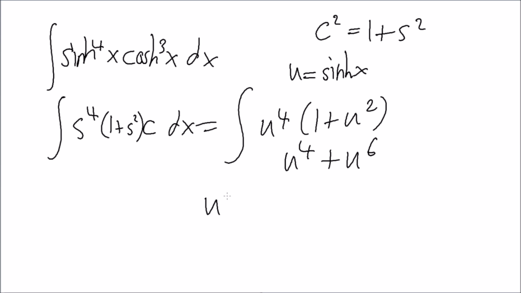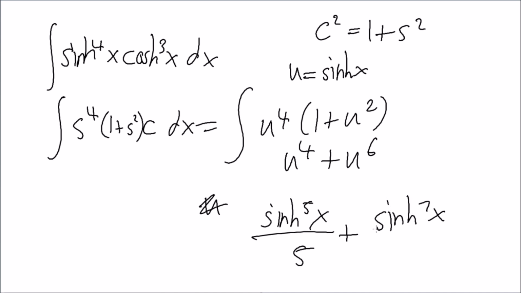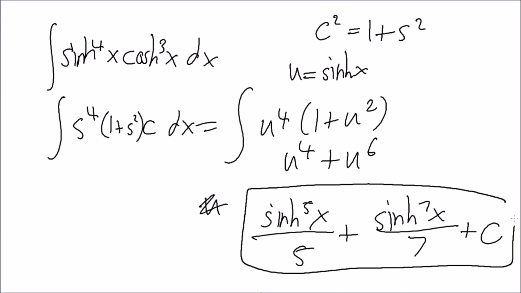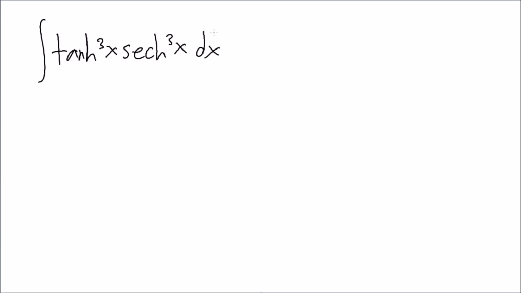So now we get, I can just write it down, sinh^5 x over 5 plus sinh^7 x over 7 plus c, and you're done.